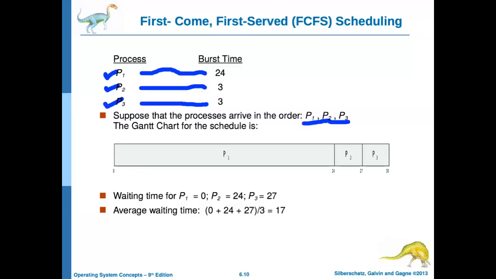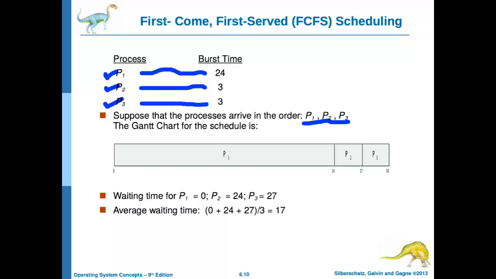That means first P1 arrives into the system, then P2, and then P3. So according to first come, first serve scheduling, first P1 will be scheduled. Once that is finished, now this part is very, very important. Once P1 is finished, then P2 is scheduled, then P3 is scheduled.